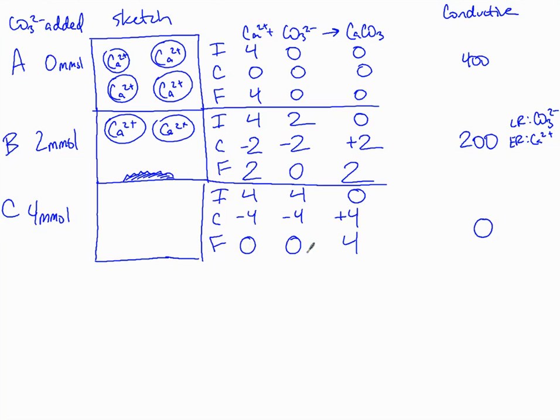Here, it's neither one. Neither one limits, neither one is excess. This reaction worked out perfectly. So the picture, all you're going to have is a big pile of calcium carbonate on the bottom. No ions. That's going to be it.